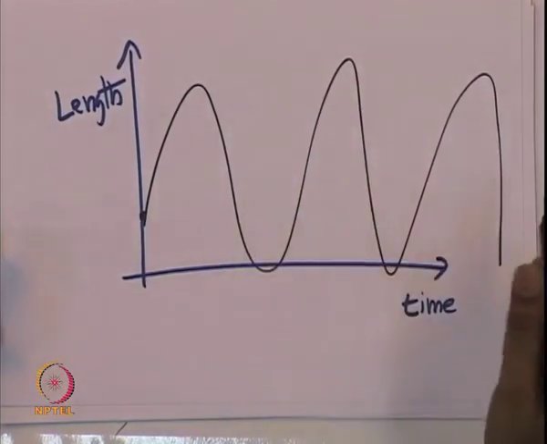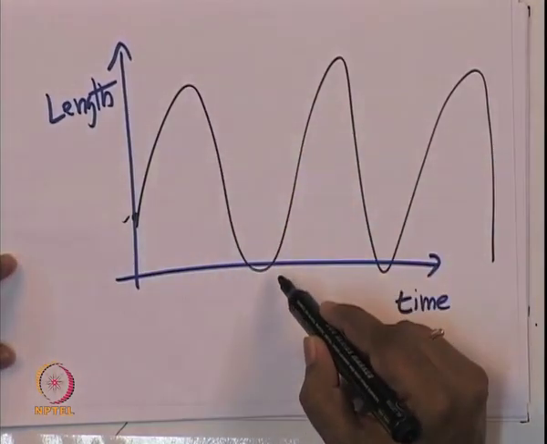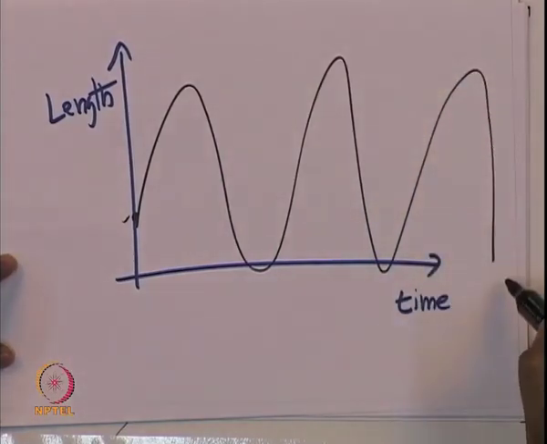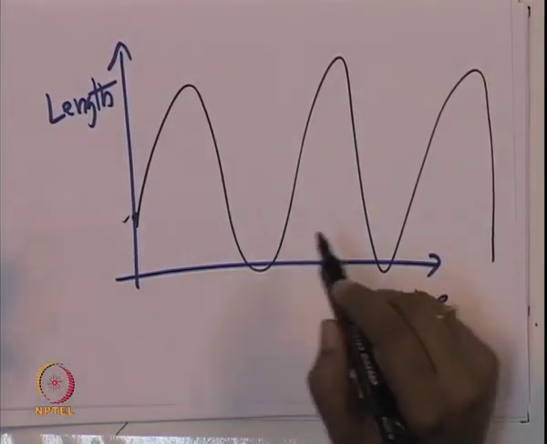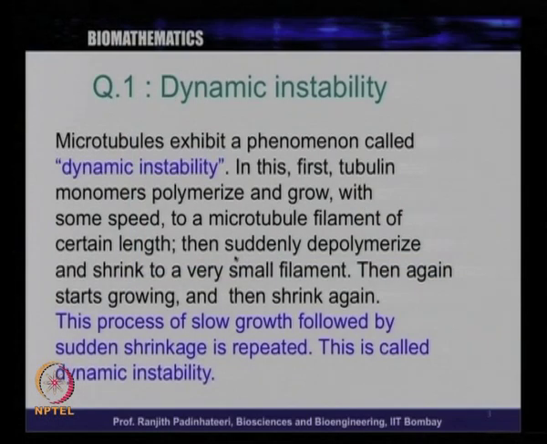So, let us look at a question. Here the length is increasing, decreasing, increasing, decreasing, increasing, decreasing. So, that much is correct, but if you look at this question here, it said that there is slow growth and sudden shrinkage. So, the growth is slow and shrinkage is sudden.